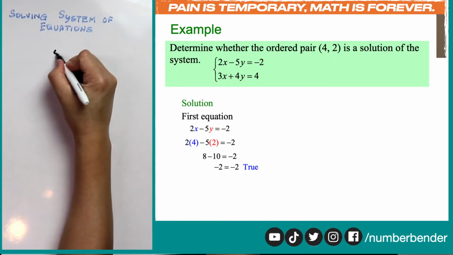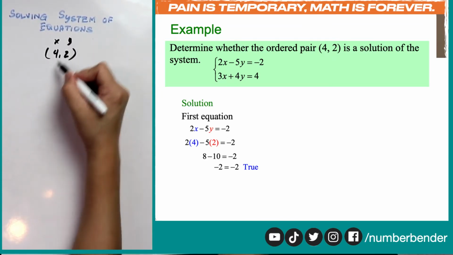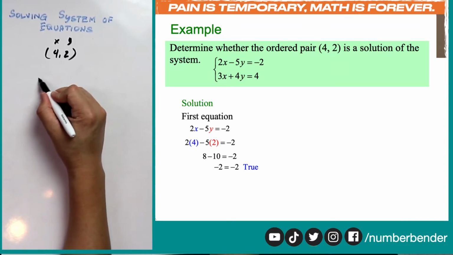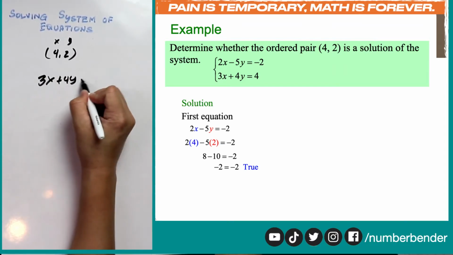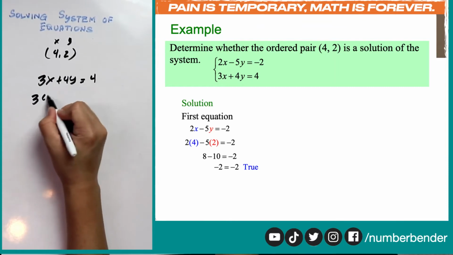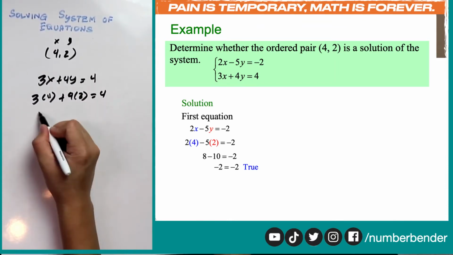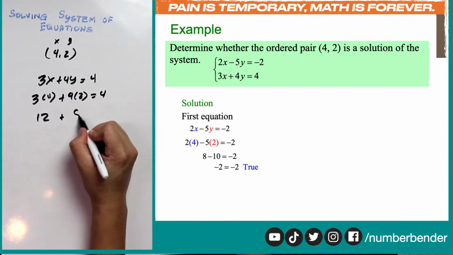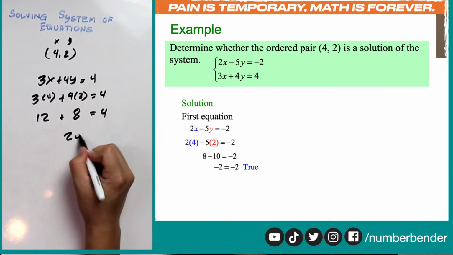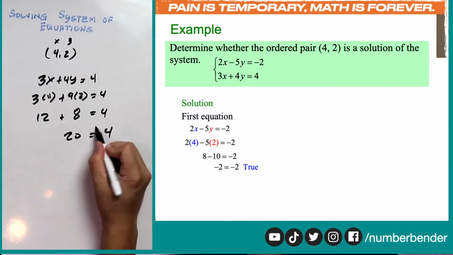So we have 4 and 2 as our solution. This is x and this is y. And the second equation is 3x plus 4y equals 4. 3 times 4, 4 times 2. This is 12. This is 8. This is 20, and it's not equal to 4.